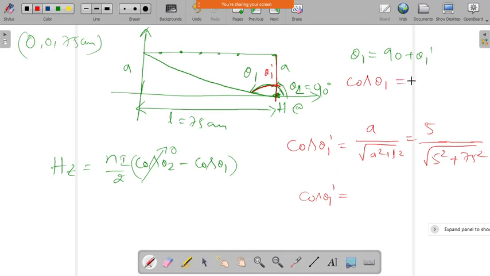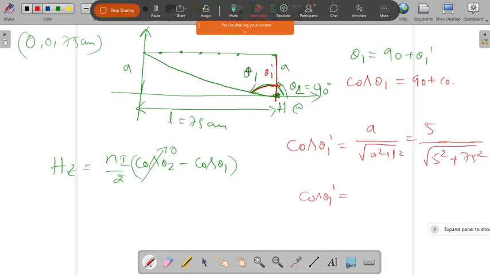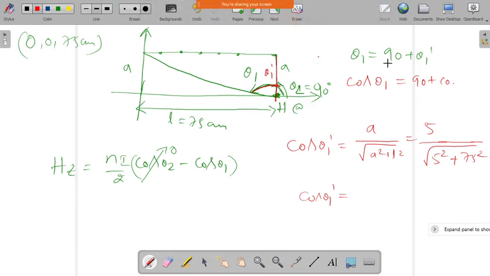Now cos theta 1 is nothing but cos of 90 plus theta 1 dash. What is cos of 90 plus theta 1 dash? It is minus sin of theta 1 dash, since sign is positive there.